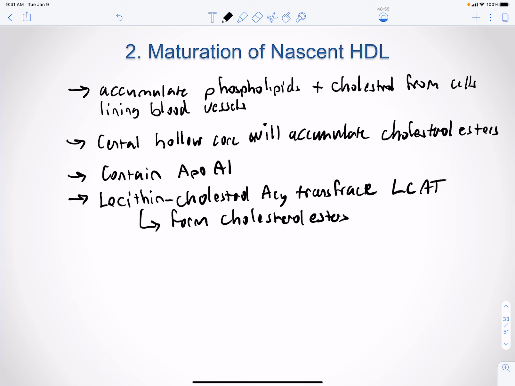And this is going to be from lecithin, which is simply phosphatidylcholine, with cholesterol.